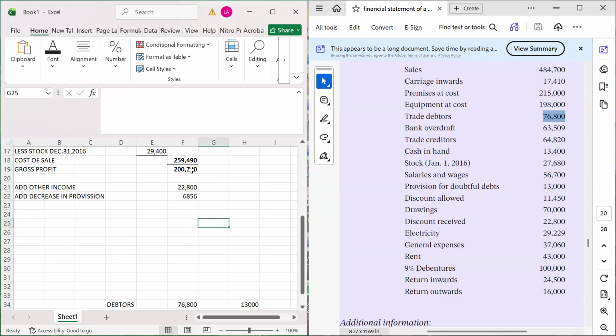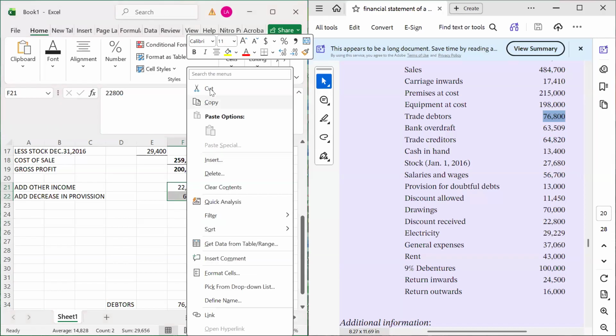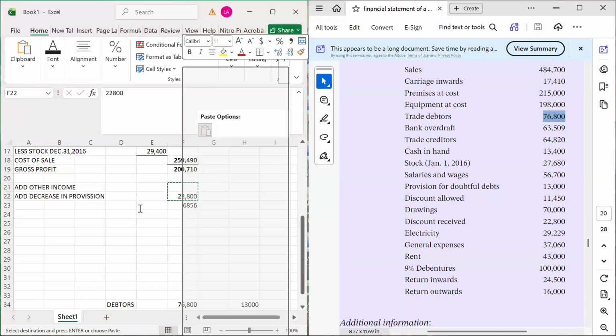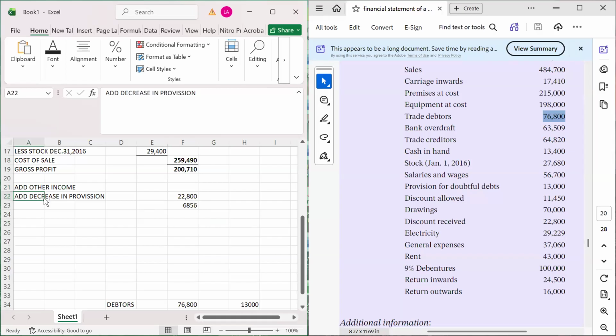Okay, so this is our gross profit. We add other income. I'm trying to let my team follow, or allow me, since I've jumped one line inside. This is for the provision. This one is the discount receipt.